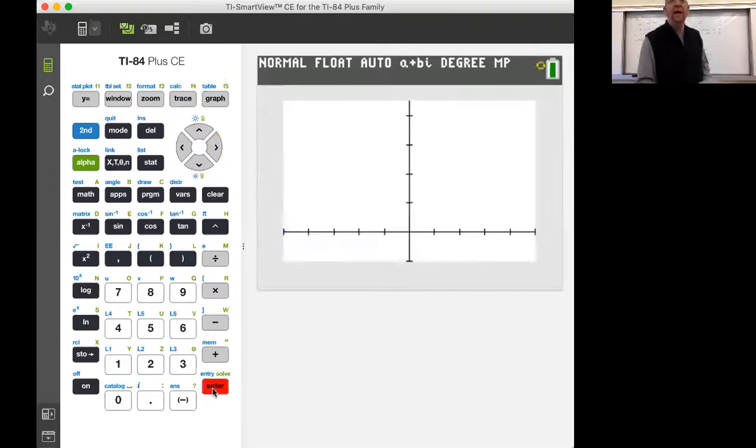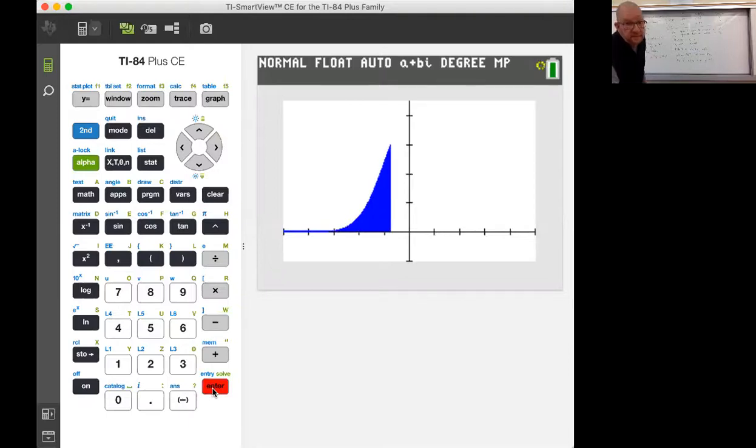Hit enter, and this is what we see. This should look something like what we just drew. And sure enough, it's coming in very nicely. You can see what we call a two-tailed result. And this happens when things are not equal.